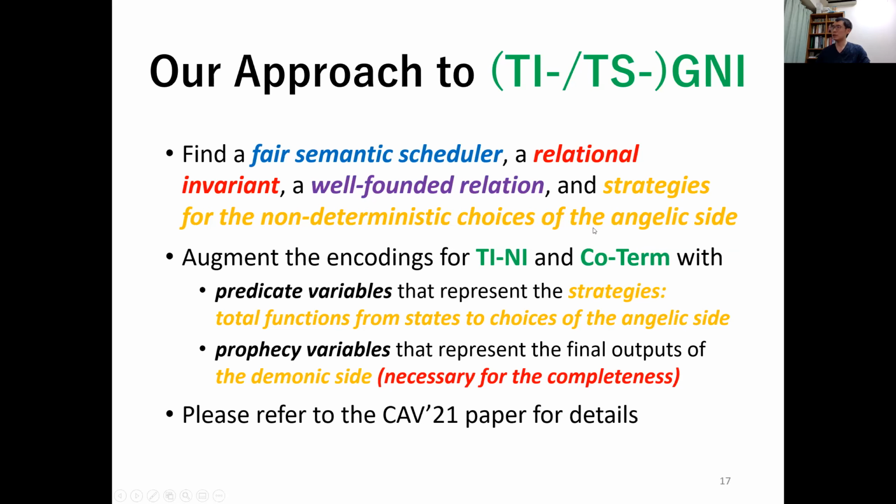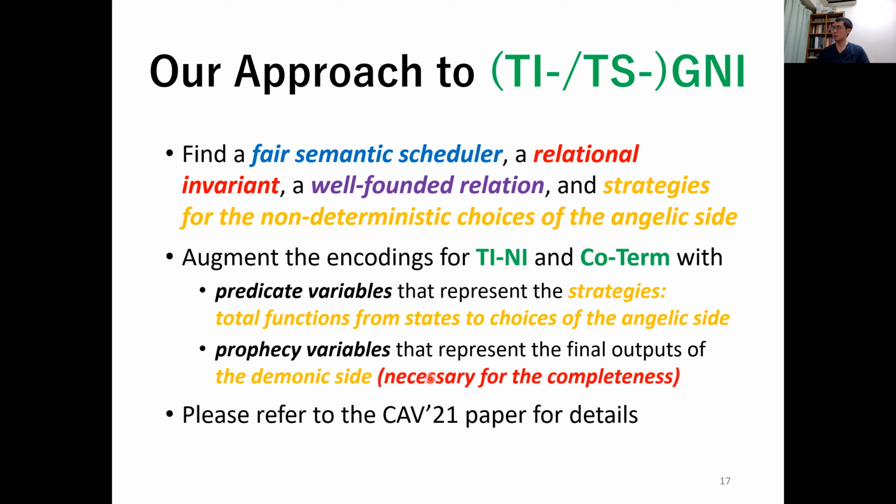The encoding for GNI, which I will not show in this talk because it's quite detailed, is an extension of the encodings for TI, NI, and co-termination that I displayed in this talk. The additional machinery that is needed is predicate variables that represent the strategies of the angelic side, and prophecy variables that represent final outputs of the demonic side.